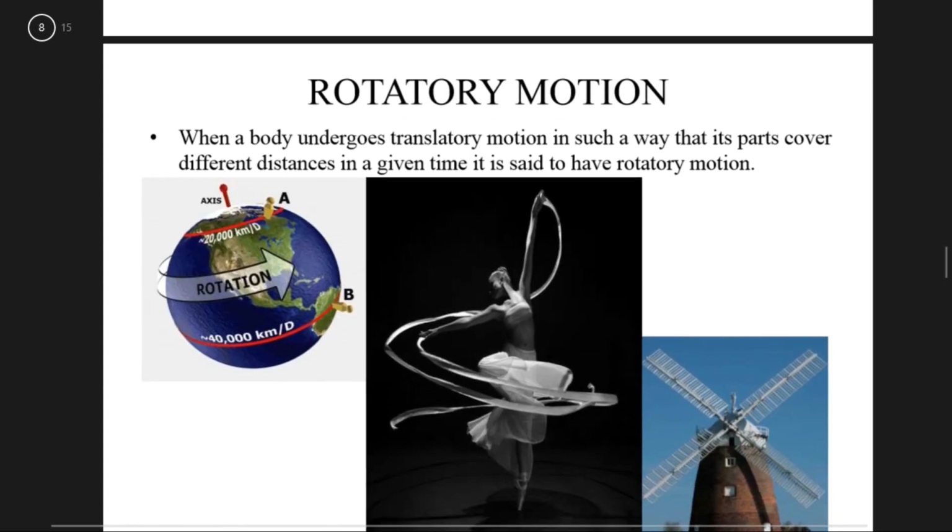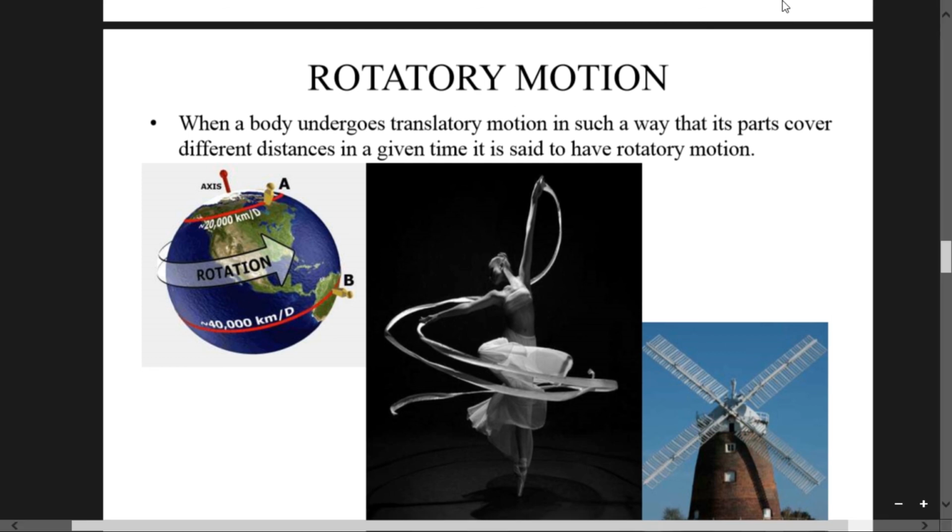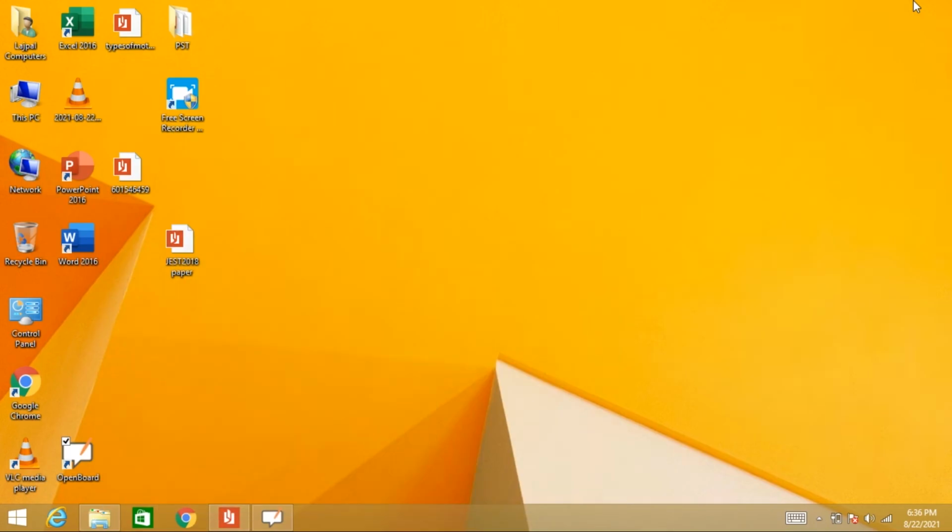The rotary motion is rotating about its own axis. The sun is in the center and the earth revolves around it like this. I am giving you an example.